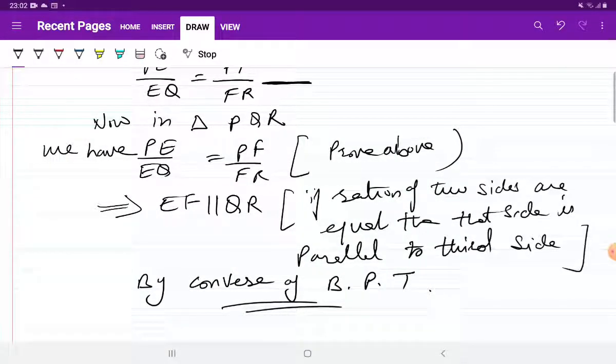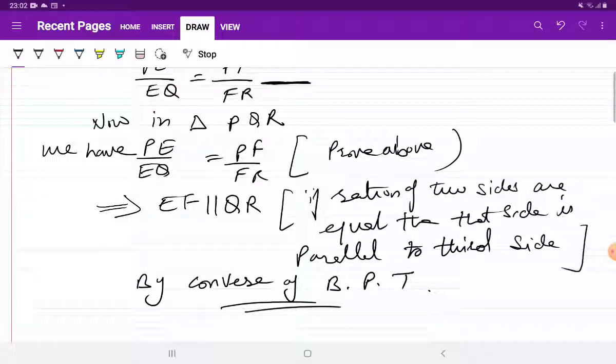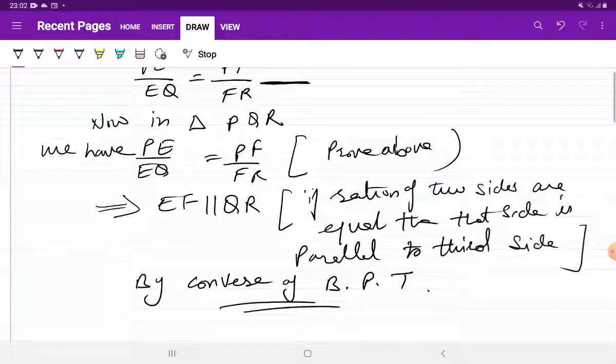In case you don't know this theorem, the basic proportionality theorem and its converse, please go through my link. I am giving the link in the description box, for the basic proportionality theorem and its converse. You can watch that first before doing this question, then you will easily get the answer to any question.